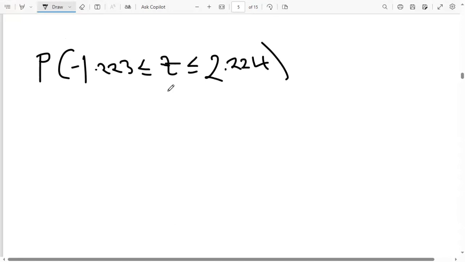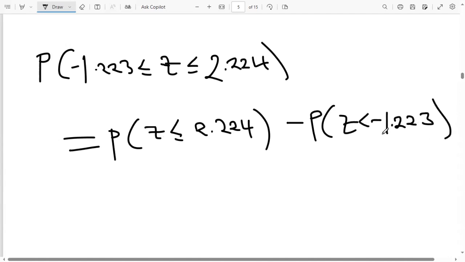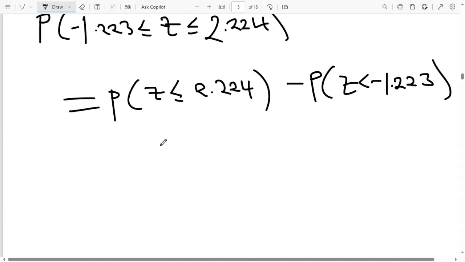Okay, so we know that this can also be written as the probability of Z being less than 2.224, and then minus the probability of Z being less than minus 1.223. Again, I'm just going to round off these numbers to two decimal places. The first one, we can find its probability directly from the distribution table.